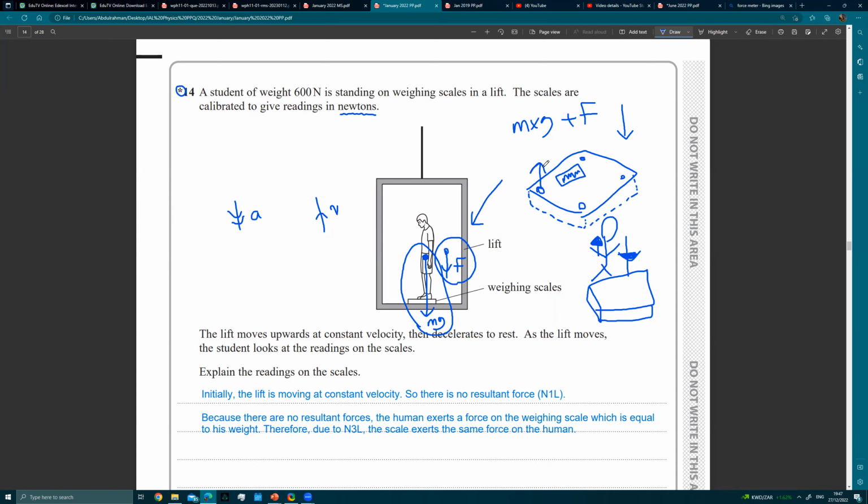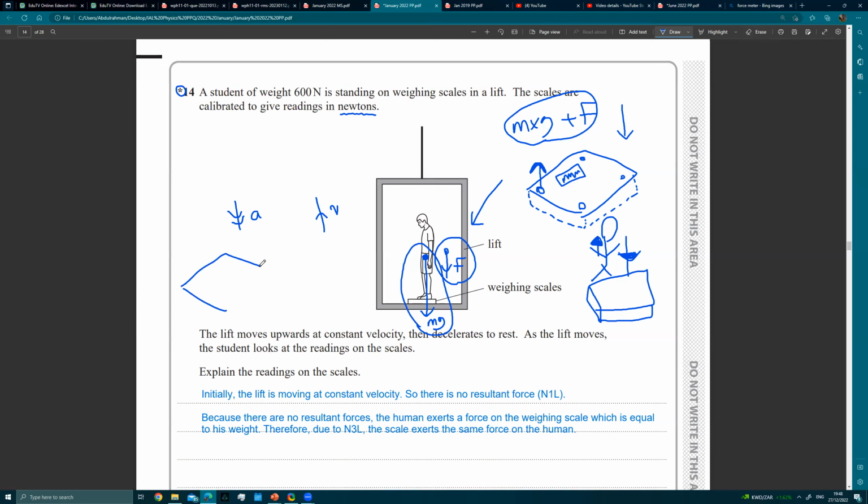However, the resultant force, or the reaction force, sorry, is always whatever is acting on the lift, whether it's his mg, or his mg plus something else, or his mg plus his phone's mg and someone else pushing him down. So this reaction force is basically equal to the total force acting on the lift. That's why we refer to it as a reaction force.